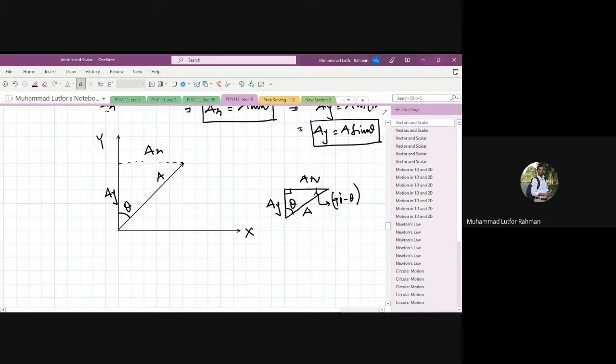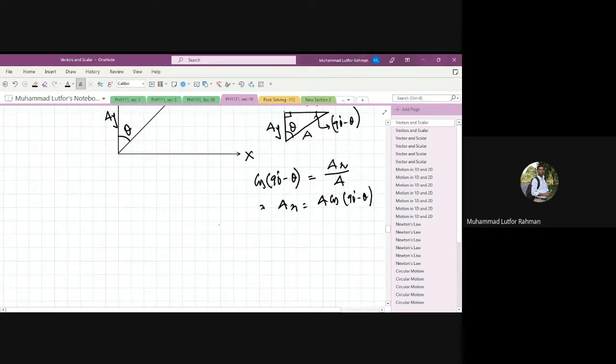So if I want to find AX, because this AX creates an angle 90 degrees minus theta with that vector A, I will write cos of 90 degrees minus theta equals base, which is AX divided by A. This gives AX equals A cos of 90 degrees minus theta, which in that case is A sine theta, right?